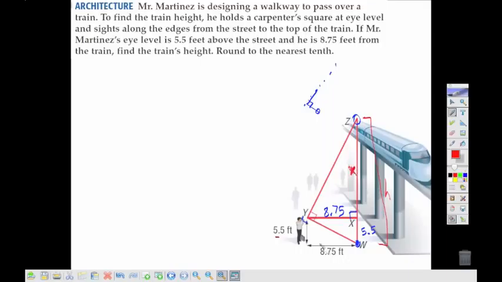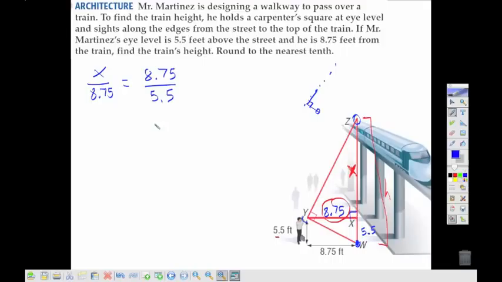We're not going to be using this side, which would allow us to use the whole hypotenuse, so I'm going to call this part x for now. Because if I know the parts of the hypotenuse, I can use 8.75 as our geometric mean. So if I start with x over 8.75, then that will be equal to 8.75 over 5.5.